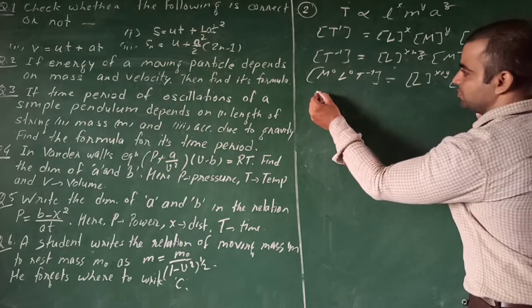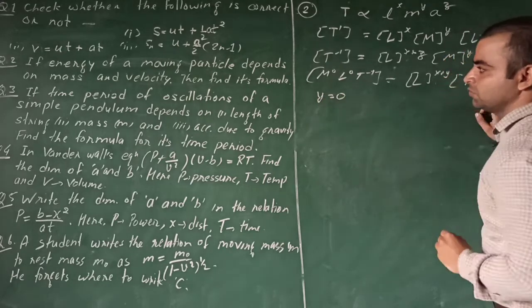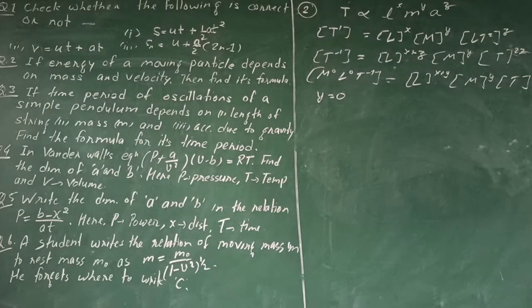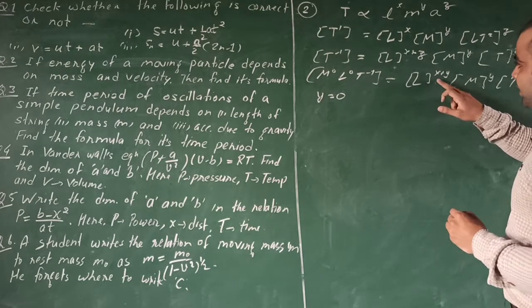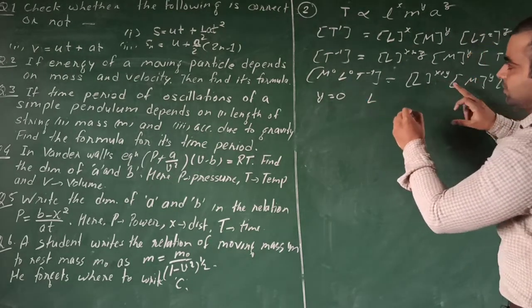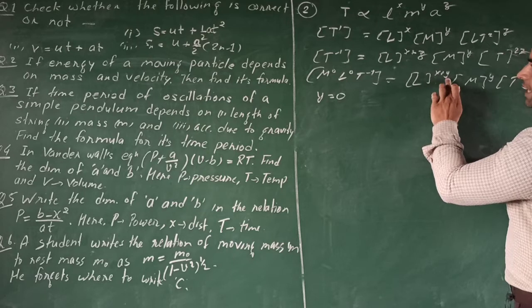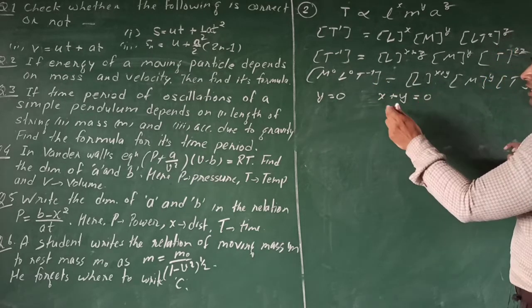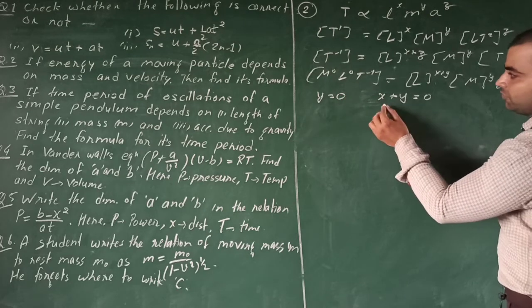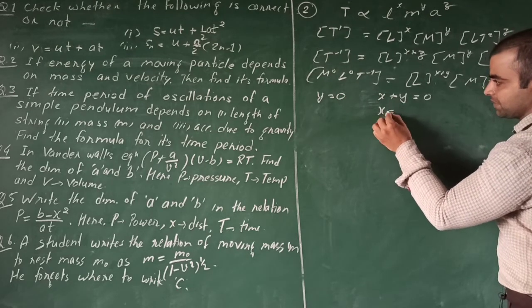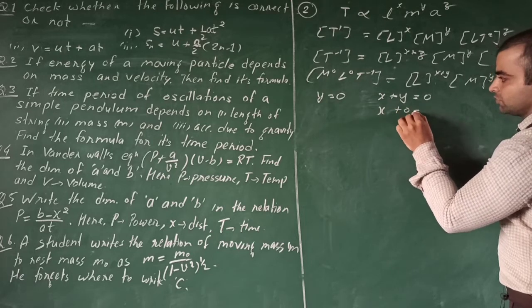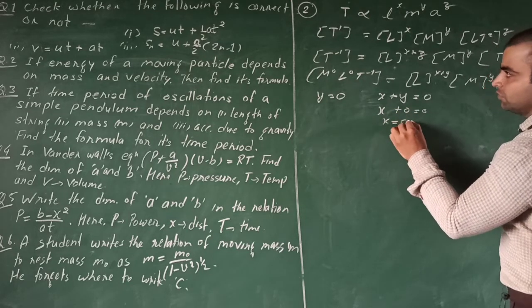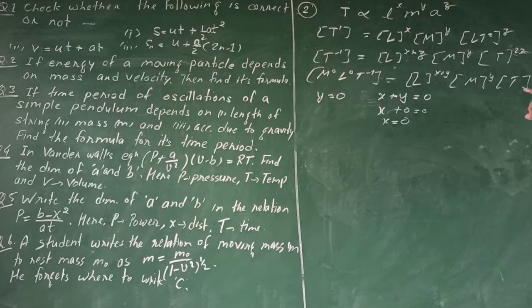M equals to 0 means y equals to 0. Next, L to the power x plus z, x plus z equals to 0, and we have found the value of y, means x plus 0 equals to 0. So x equals to 0.